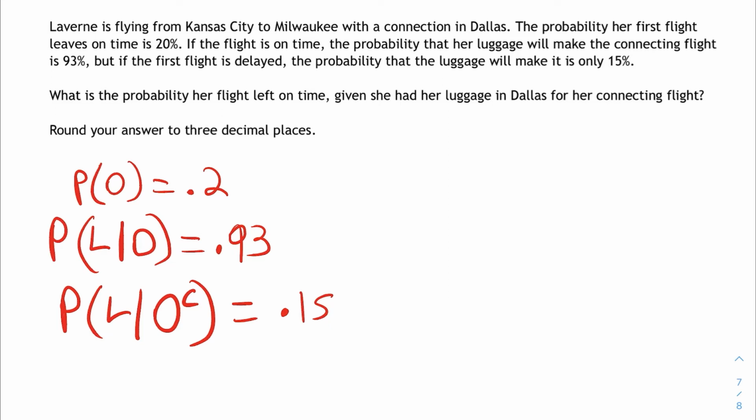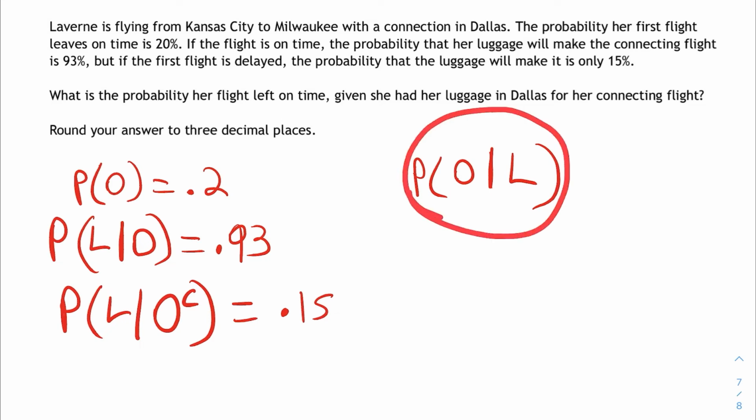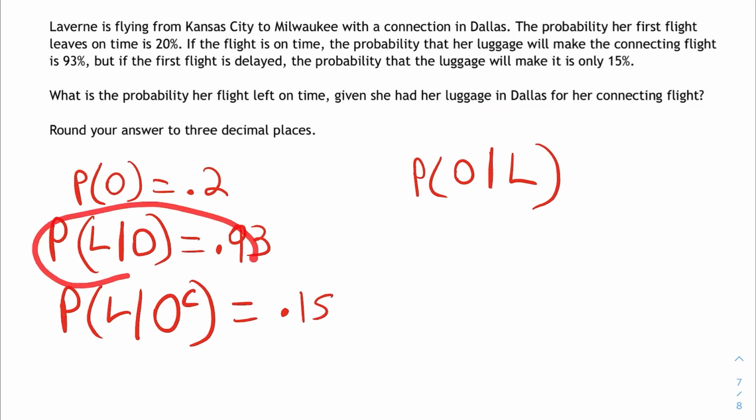And what are they asking us for? What is the probability her flight left on time, given that her luggage is in Dallas? I notice that this is the inverted probability of one we already have, and that's the dead giveaway that I'm using Bayes' theorem here.